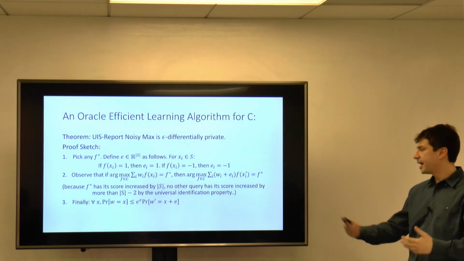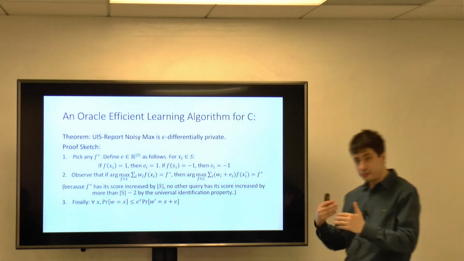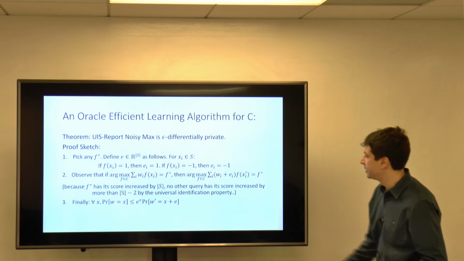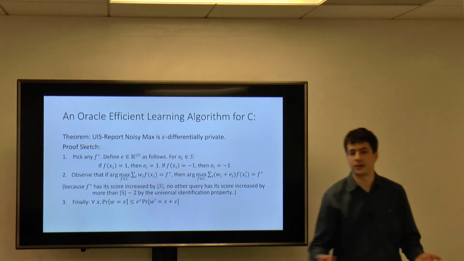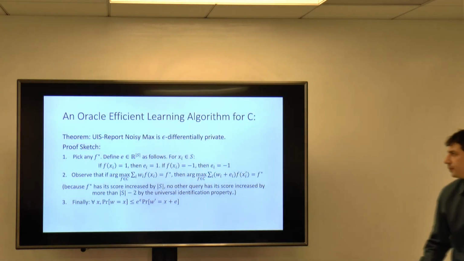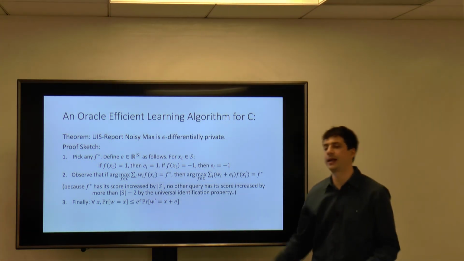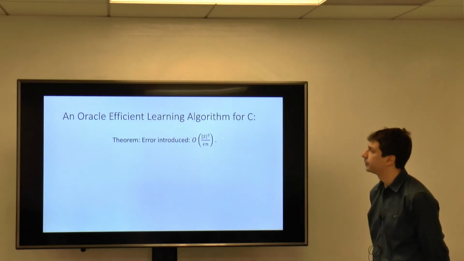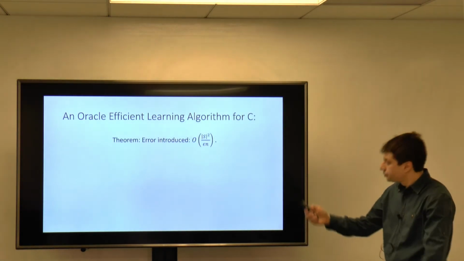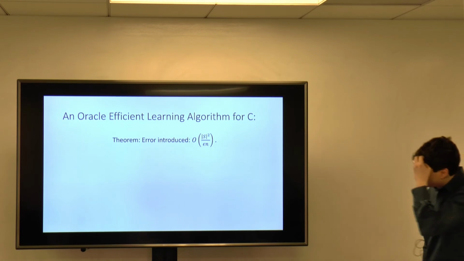And then again, we observe that we've picked the right distribution so that the probability that the noise is x is bounded by an e to the epsilon multiplicative factor of the probability density on x plus e, for any x. So it's an Oracle efficient learning algorithm.